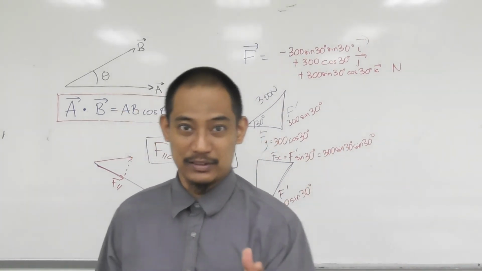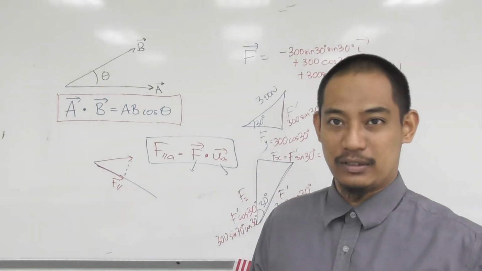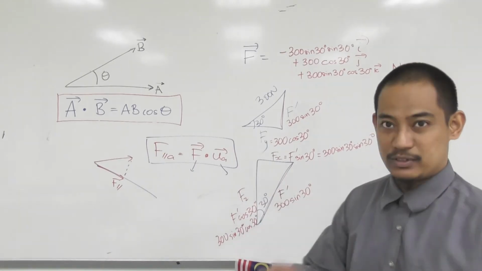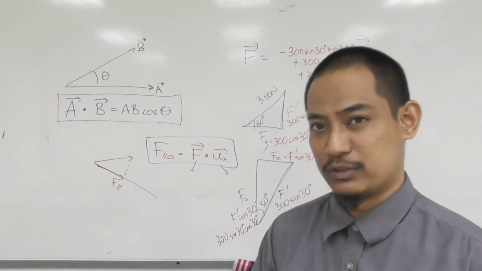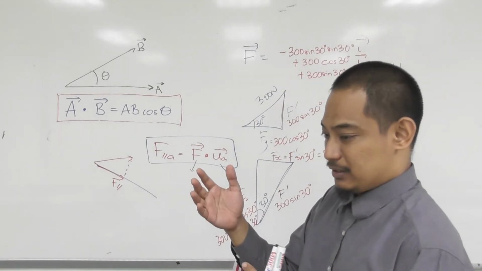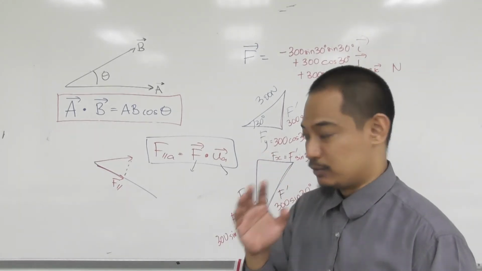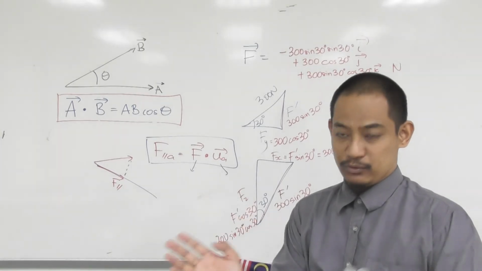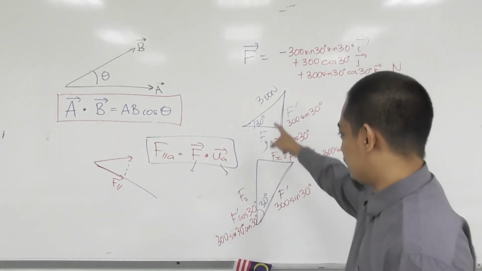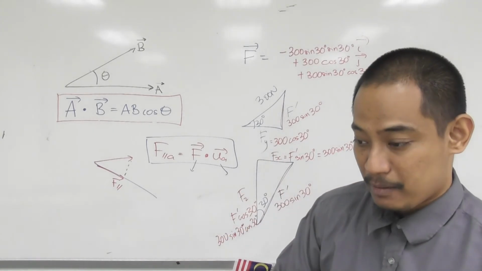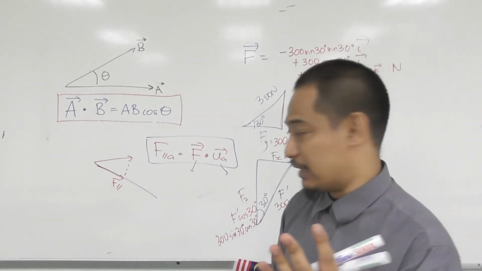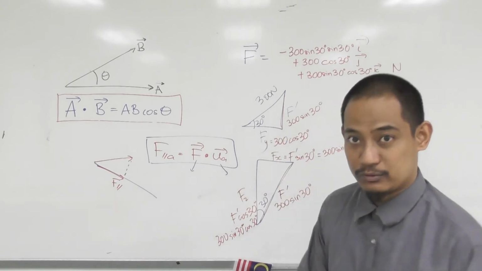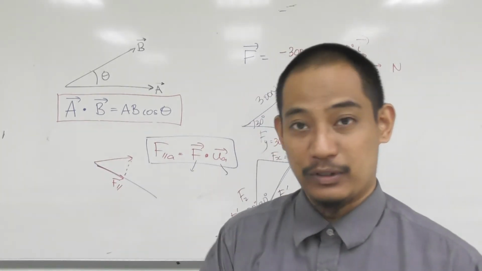I want you to pass the subject, so make sure to check that video out, to understand, to try, so that you understand how to deal with the two triangles, right? We have to do this a lot in 3D. Some of you might already know how to do this straight away, right? You can imagine, okay, sine, cosine, etc. Once you have done this a lot, that can happen. But before that, for those who have never done this a lot, please do try and draw your two triangles. Make sure you understand that.